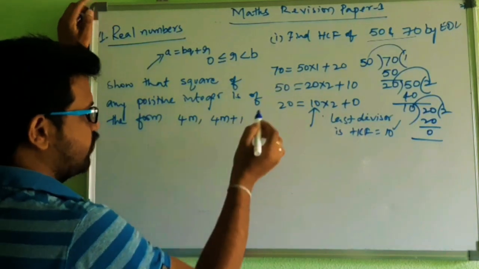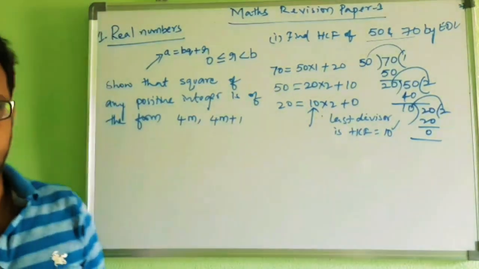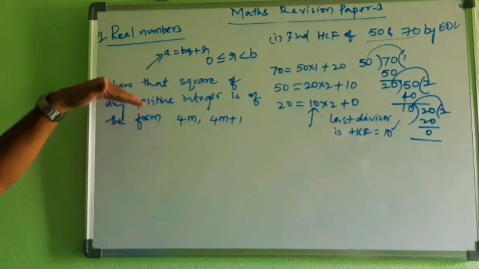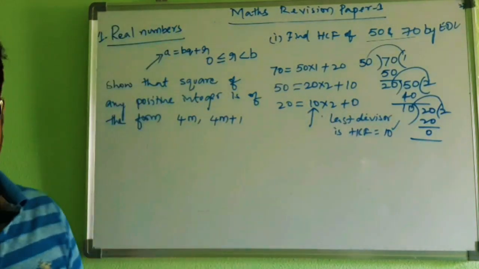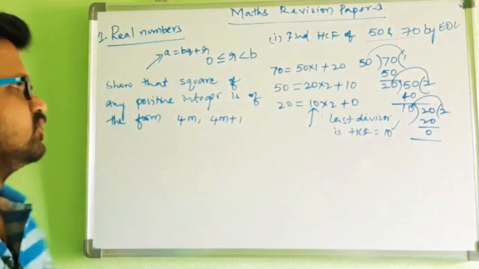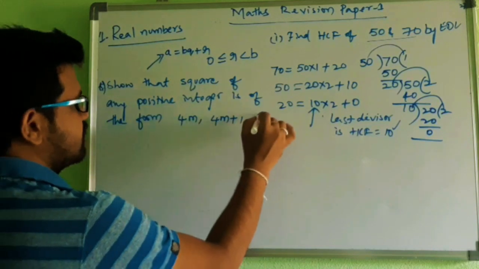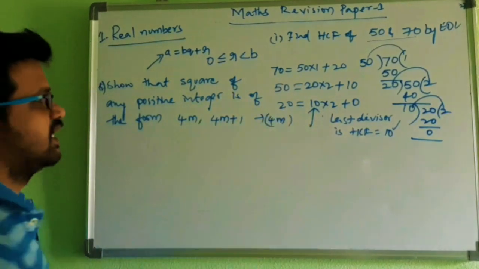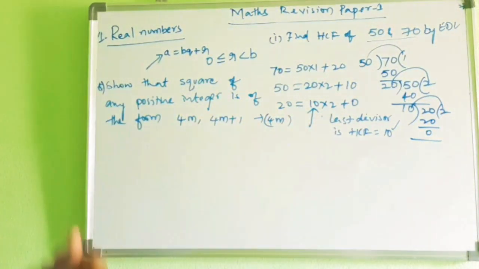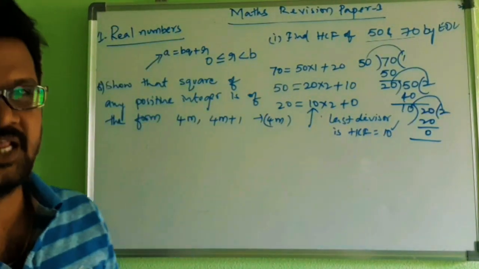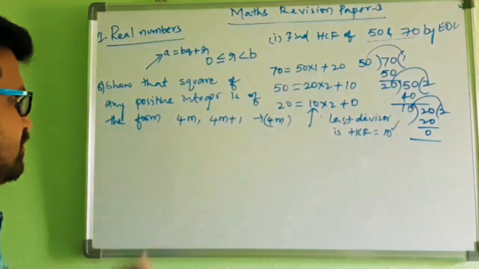The question is like this. This is a 4 marks question. Sometimes they ask cube also: show that the cube of any positive integer is of the form 3p or 3p plus 2, like that.